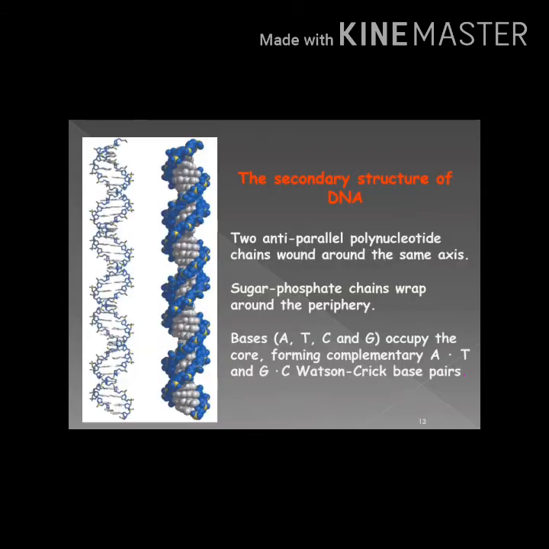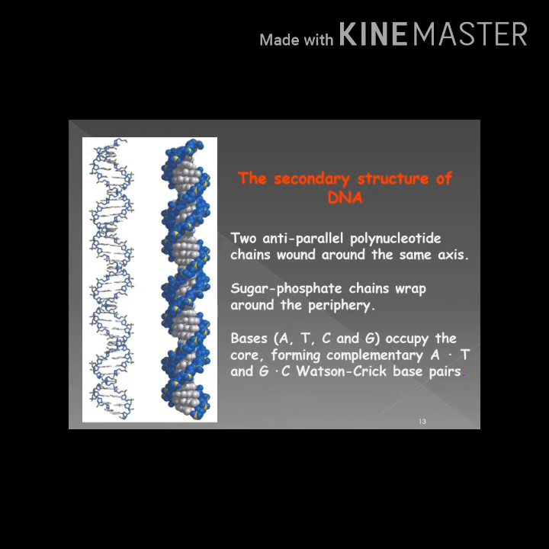The secondary structure of DNA basically contains two antiparallel polynucleotide chains wound around the same axis, or they are just a helix wrapped around each other with the help of complementary nitrogen bases with hydrogen bonds.